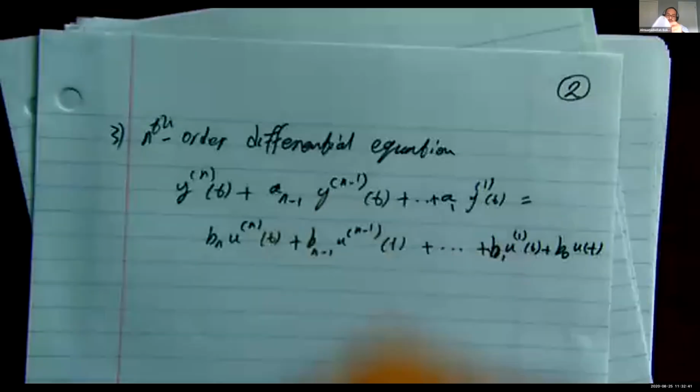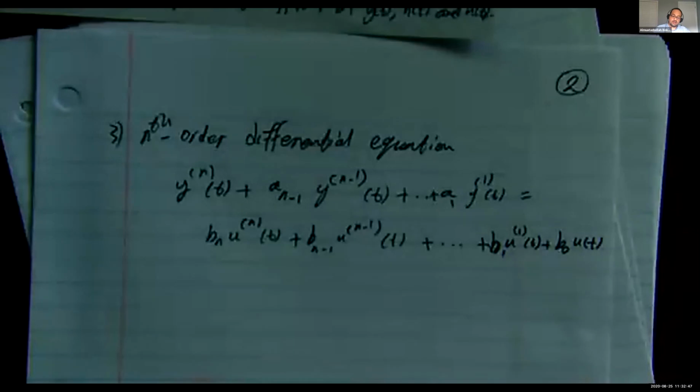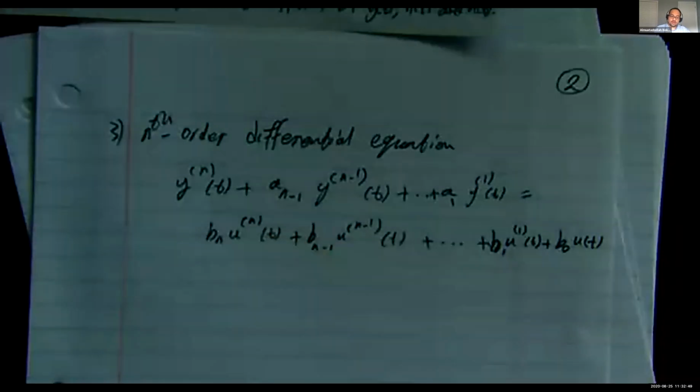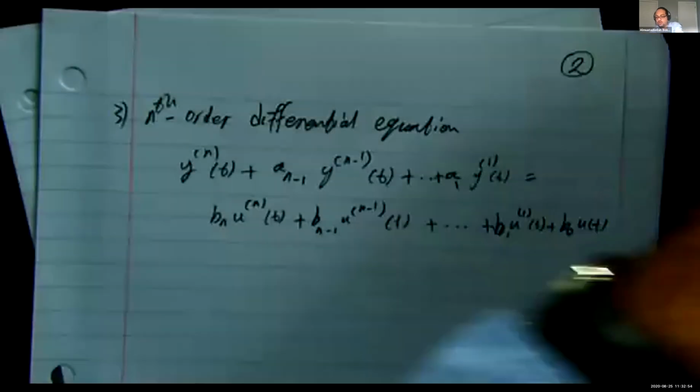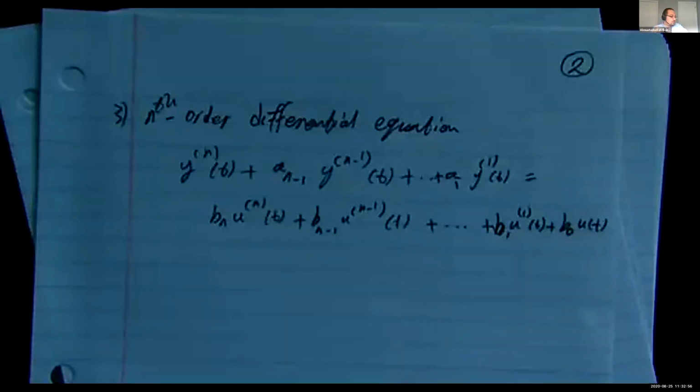This is a differential equation, and this is one of the benefits of using Laplace transform: it allows us to go from a differential equation to an algebraic equation, and we all know that finding a solution of a differential equation may not be easy in most cases.